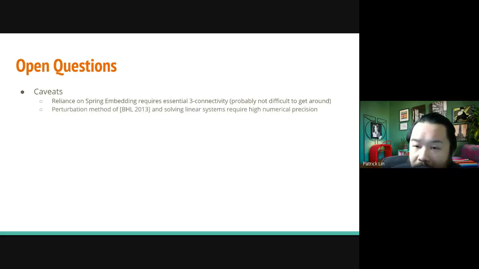The other issue is that I set up a bunch of ground rules about writing down these geodesic morphs in terms of these linear morphing steps, particularly because I wanted a nice combinatorial representation of this morph that I can write down fairly compactly. The problem is that the perturbation method that I'm citing and solving these linear systems can require fairly high numerical precision.